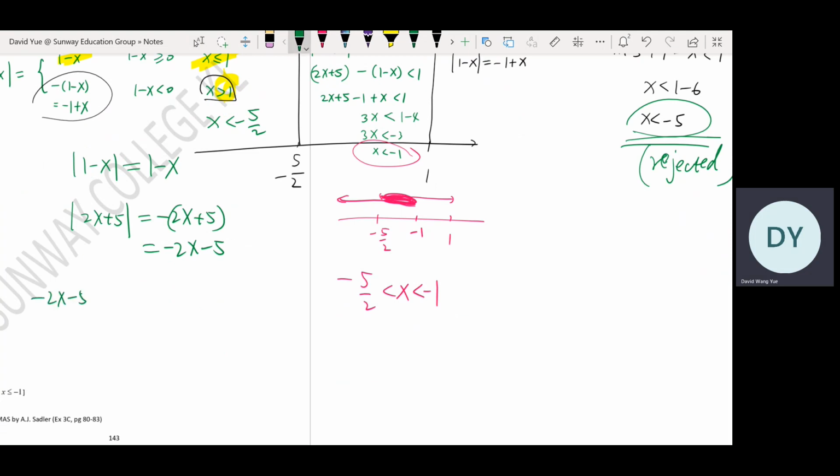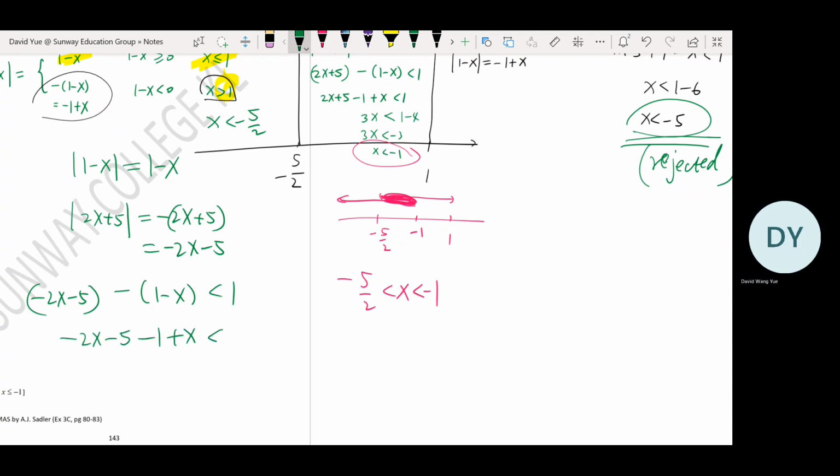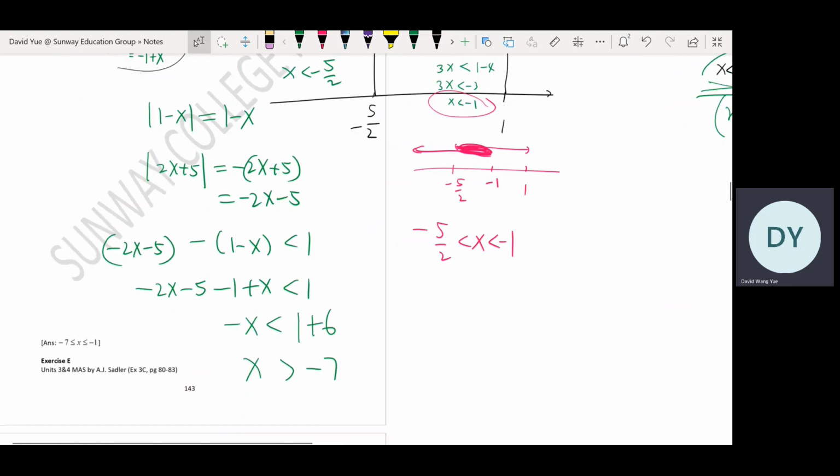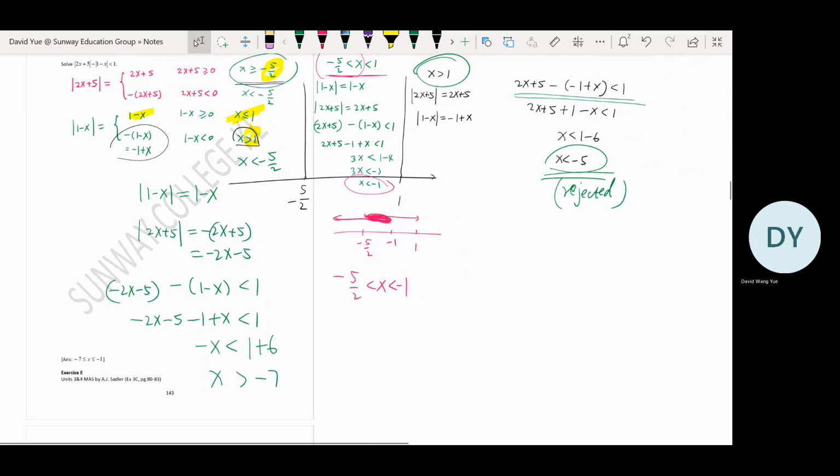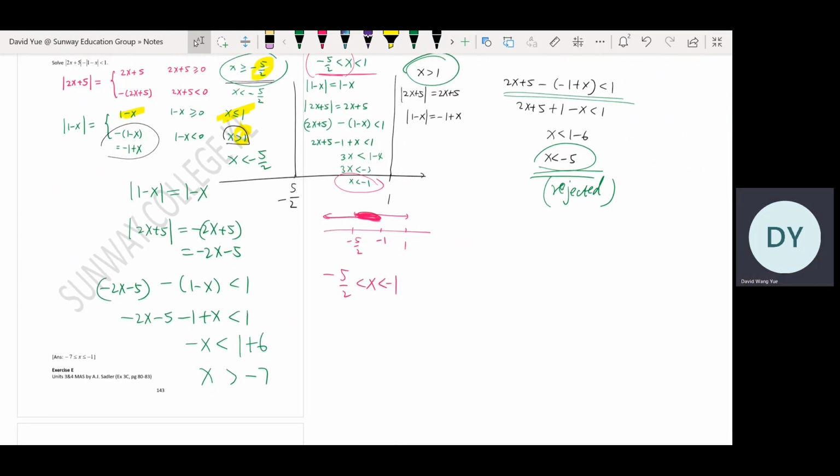Then our inequality is this one minus this one less than 1. So x is greater than -7.